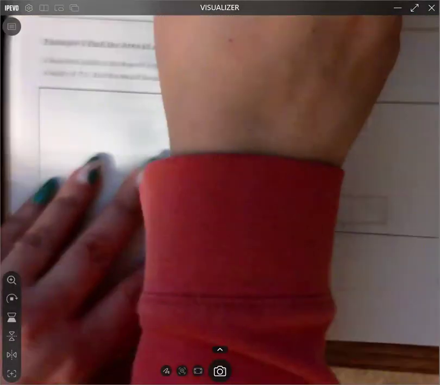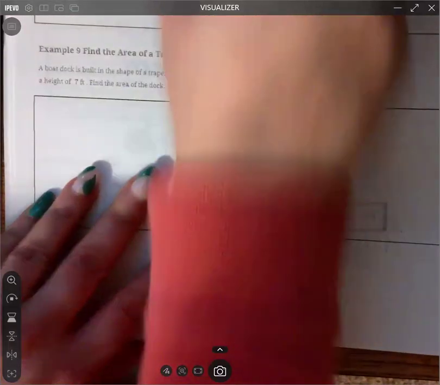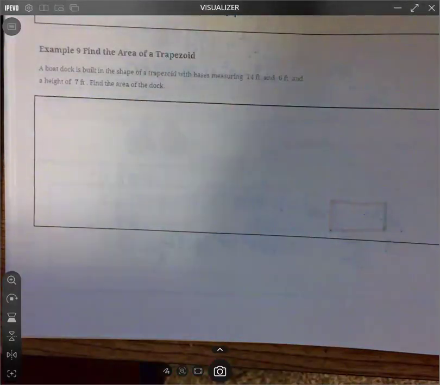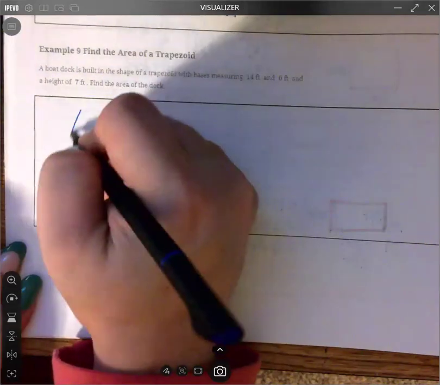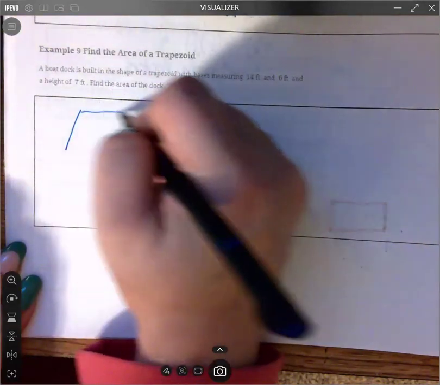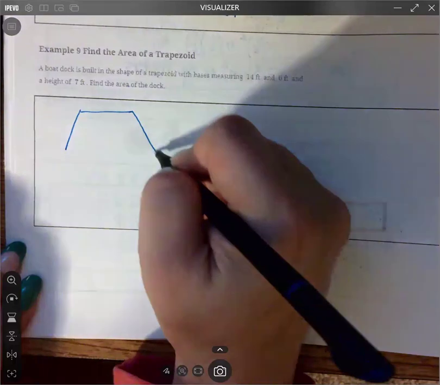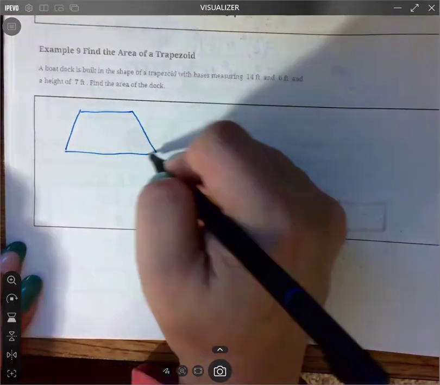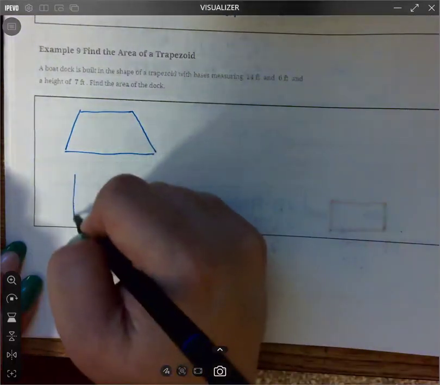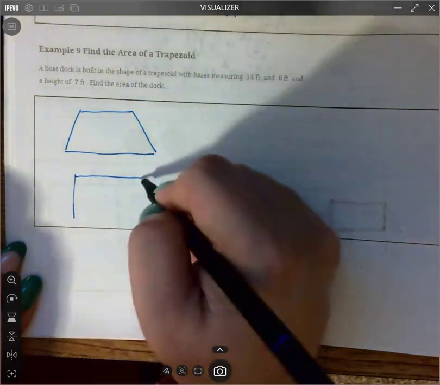All right, our next shape we're going to find the area of is called a trapezoid. Trapezoids can look lots of different ways. I'm going to draw a traditional trapezoid, and then I'm going to draw a right trapezoid.